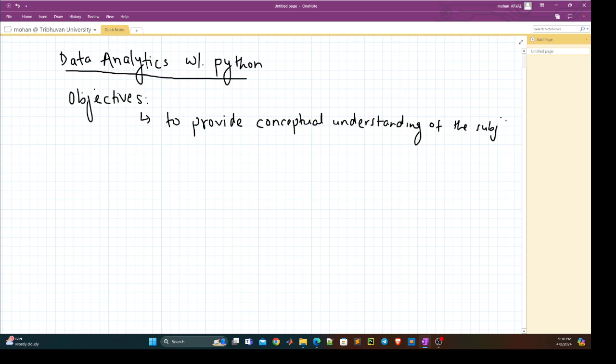We will provide the conceptual understanding of the subject.